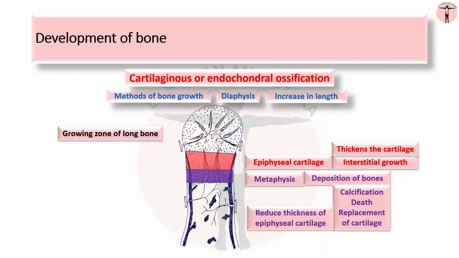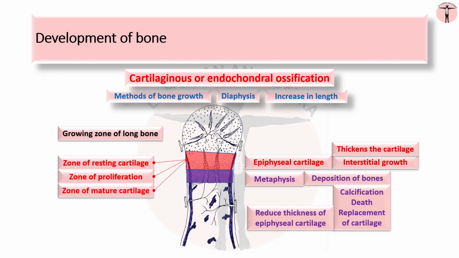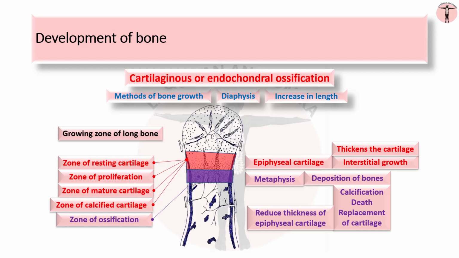In the developing bone, the epiphyseal cartilage shows the following structure from epiphysis to diaphysis. Zone of resting cartilage; zone of proliferation, in which young cartilage cells are arranged in rows of longitudinal columns; zone of mature cartilage, where cells start secreting alkaline phosphatase and deposit calcium; zone of calcified cartilage, where the cells die in the calcified matrix; and zone of ossification, the active site of bone formation, which is the metaphysis, the terminal portion of the diaphysis.